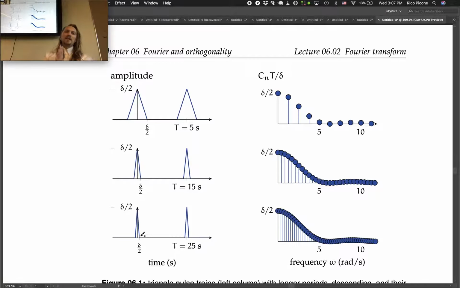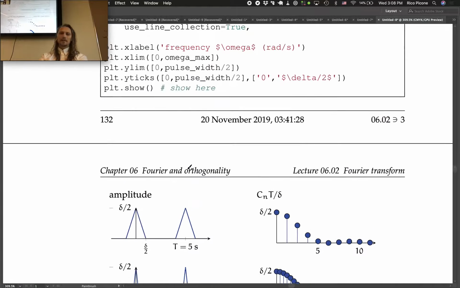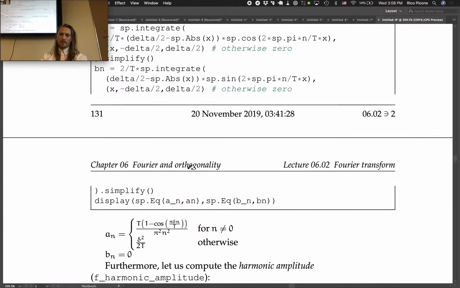It's effectively just a single pulse at the origin. Okay, so if we take that period out to infinity, effectively what we've done is created a waveform that's actually just aperiodic. It doesn't repeat because the next pulse doesn't happen ever.